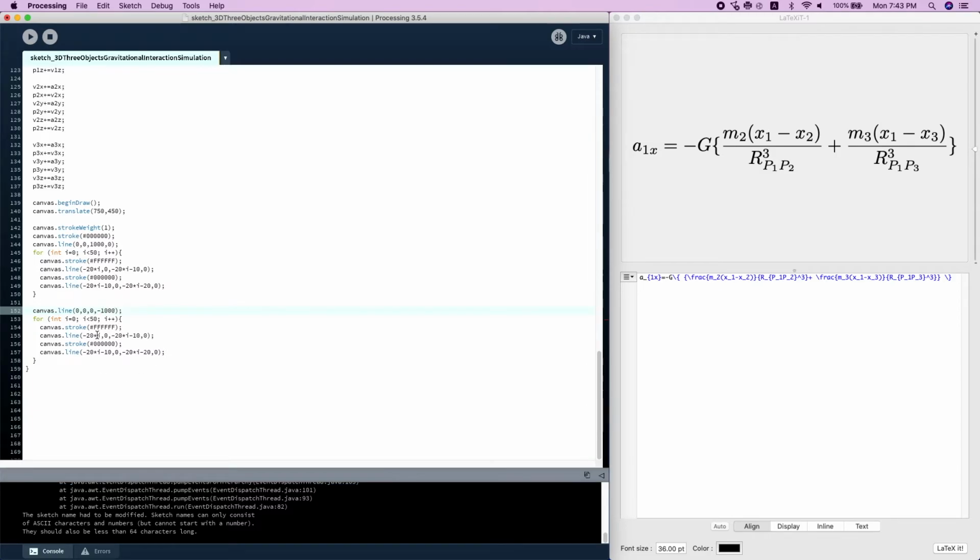And so we're going to do the same thing, but now it's going to remain at an x coordinate of 0, so 0, 20 times I, to a coordinate of 0, 20 times I plus 10. That would ensure that these are all positive values, so it's going to draw a dotted line down.